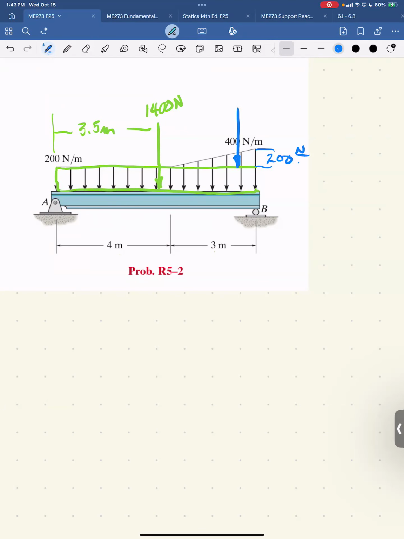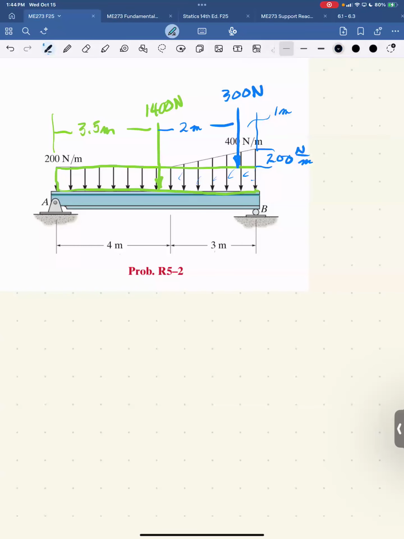Some people make a mistake and make that 400, but remember, we took care of this area down here earlier. So it's 1/2 the base times the height, so this is 300 newtons. And the centroid of a triangle is 1/3 from the fat end. So the triangle is 3 meters long, which means this distance is 1 meter, and this distance is 2 meters.